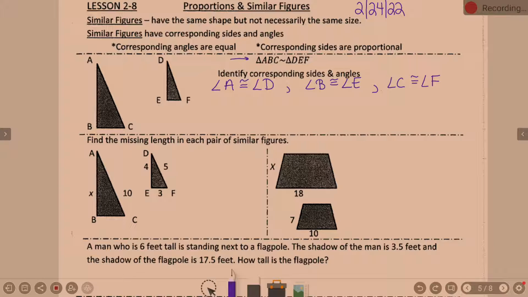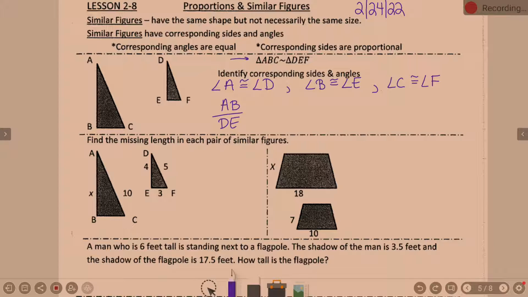Now, we're going to talk about the sides. I'm going to start with side AB. What is side AB similar to or proportional to? DE. You guys agree with Rylan? Yes. Side AB is proportional to DE, and I'm going to write this one differently. I'm going to make it a ratio.